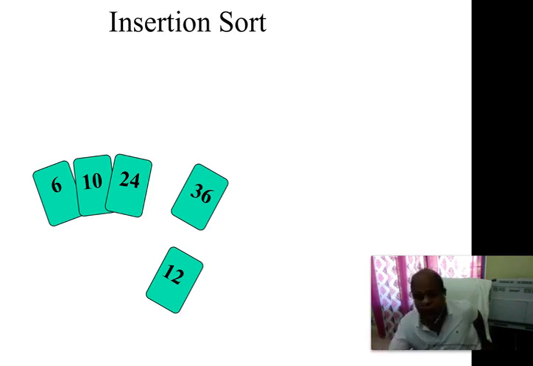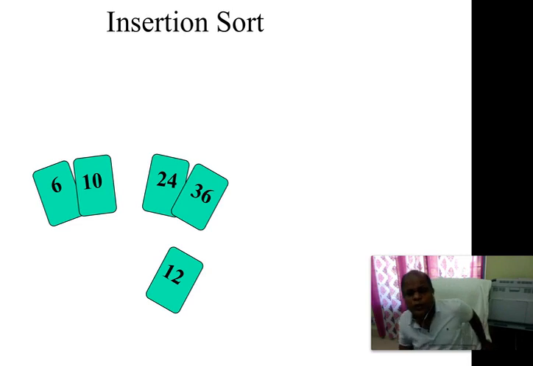Then you compare with 24, and 12 is less, hence 24 is shifted. Now you compare 12 with 10; 12 is not less than 10, hence you insert it. Now you have 6, 10, 12, 24, 36. This way of sorting the elements is called insertion sort.